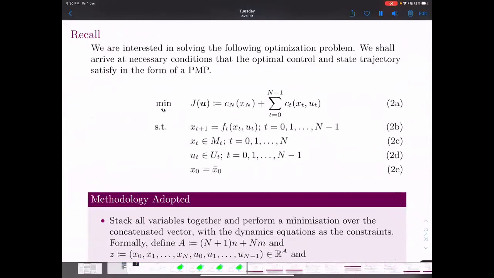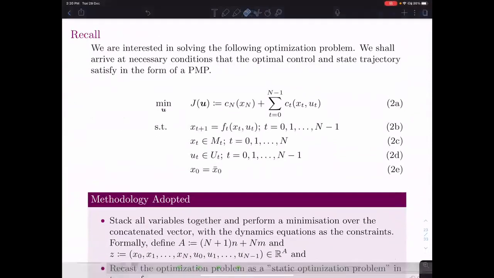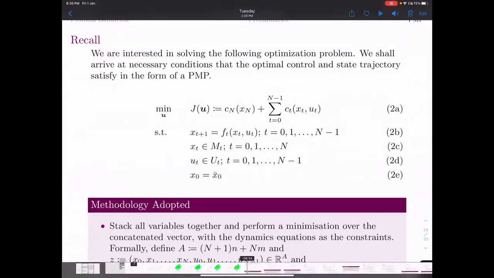As mentioned before, we are interested in solving a problem of this form, with the state dynamics, state belonging to a certain set at each stage, control belonging to a certain set, initial conditions specified.